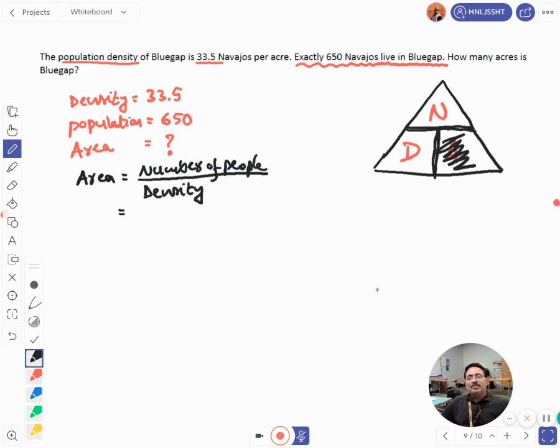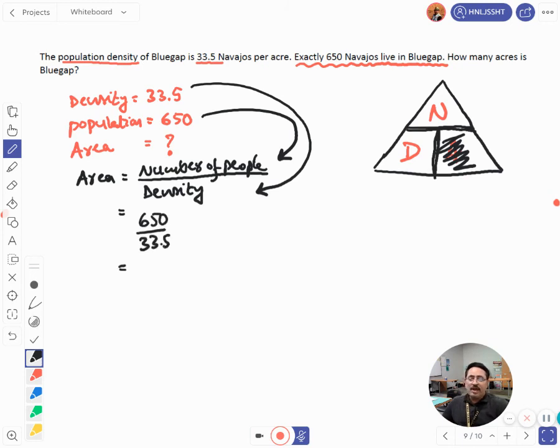Now just plug in the numbers. The number of people goes to the numerator and density goes to the denominator, therefore 650 over 33.5. Just make use of your calculator. 650 divided by 33.5, 19.40.